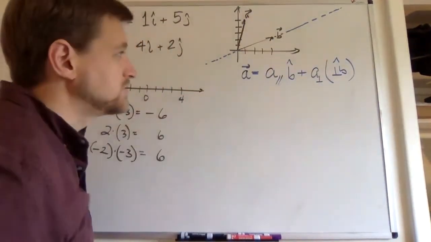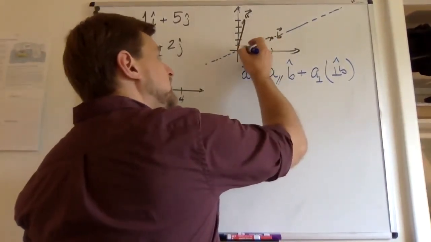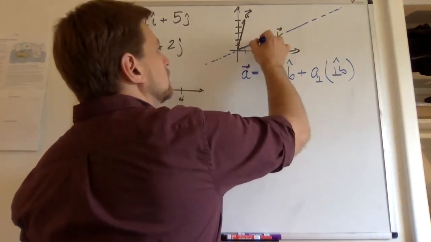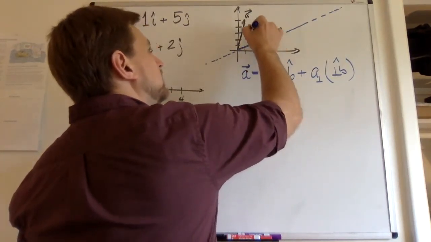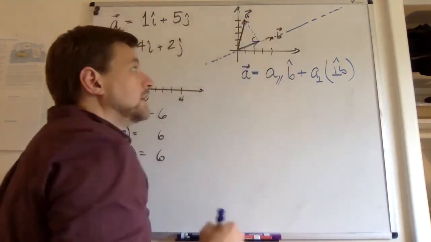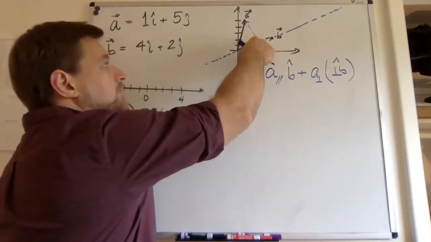Weird looking unit vectors, but you get the idea. There's a piece along vector B, this one, and a piece perpendicular to B, that one. And we could express vector A as first to do this, and then from there do that.